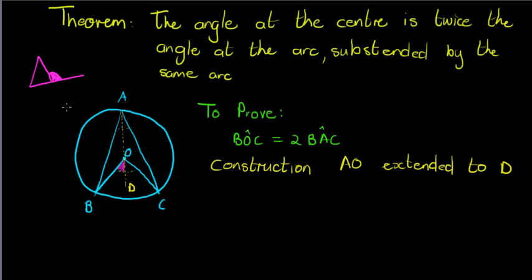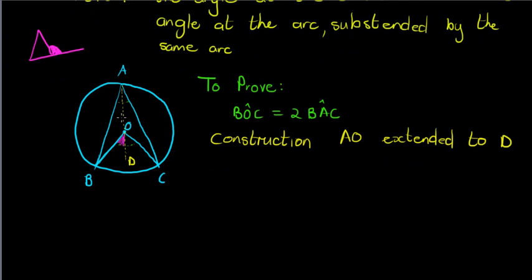Okay, what is the theorem with extended angles of a triangle? The exterior angle of a triangle is equal to the sum of the opposite interiors. So this one plus that one gives me this one. Make sense?